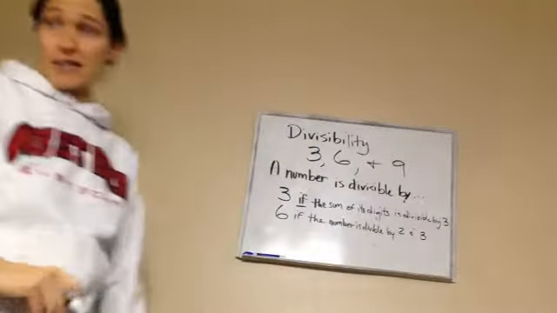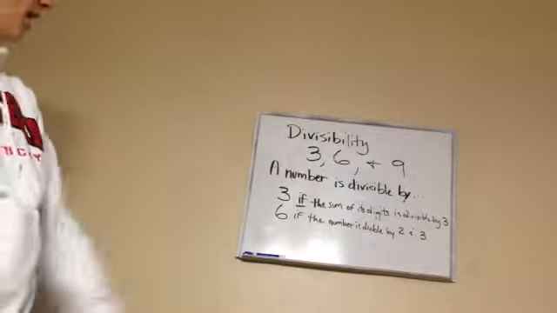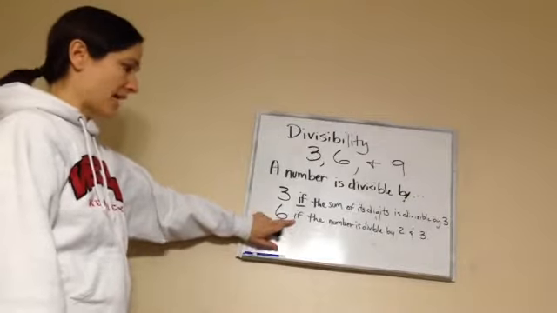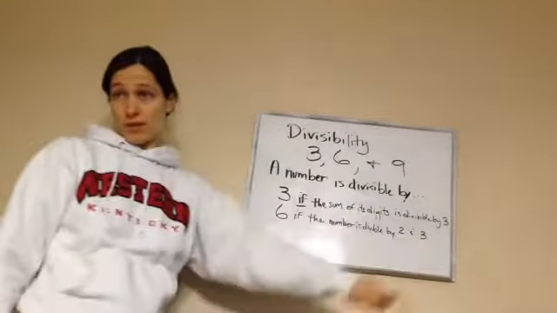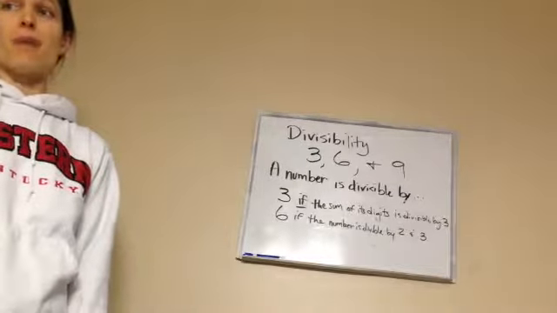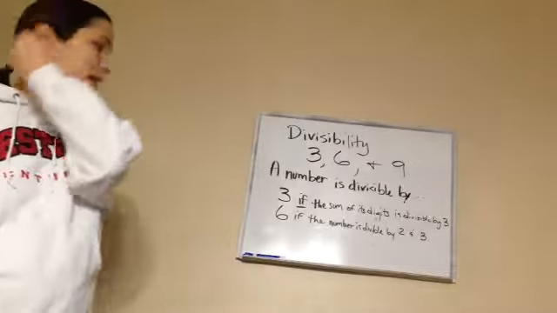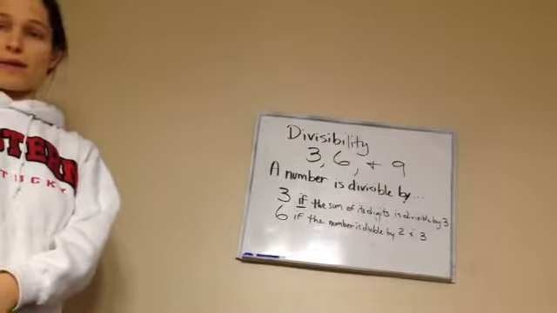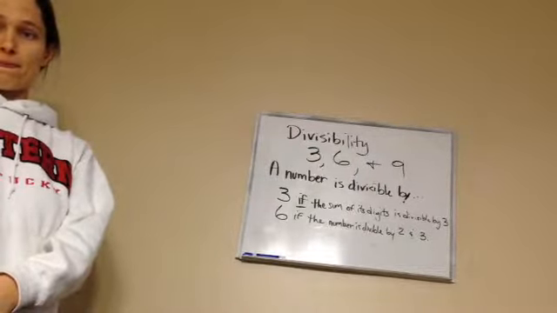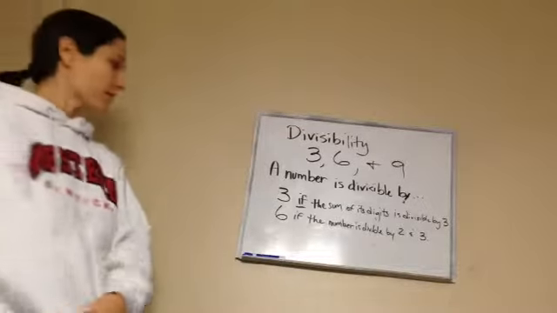Now, let me make sense of this one. A number is divisible by 6 if the number is divisible by 2 and 3. Not 2 or 3, it has to be both. I'll let you finish writing that, okay? That's an and sign.